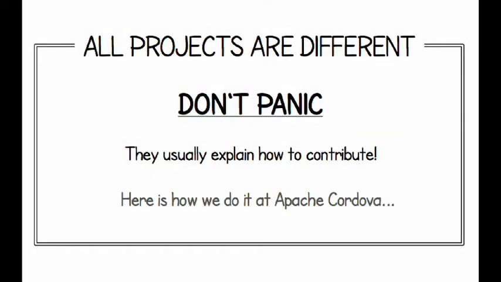Our response inside Apache Cordova is, meh, don't worry about it. Your code will be criticized, but everyone means it in the nicest possible way. We just want our project to be best. So if you haven't written the best code possible, we'll mentor you. We'll make suggestions. You can make changes because the next time you'll know what to do, and you're a valuable asset to us.